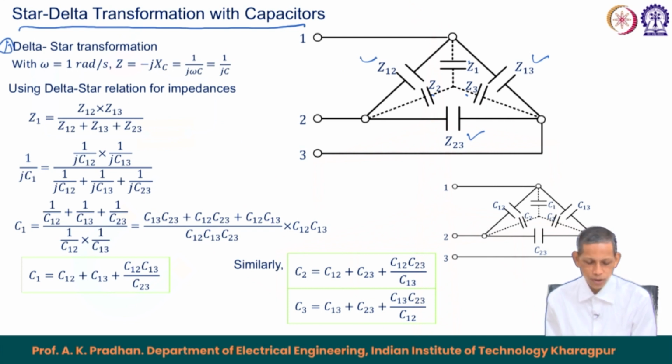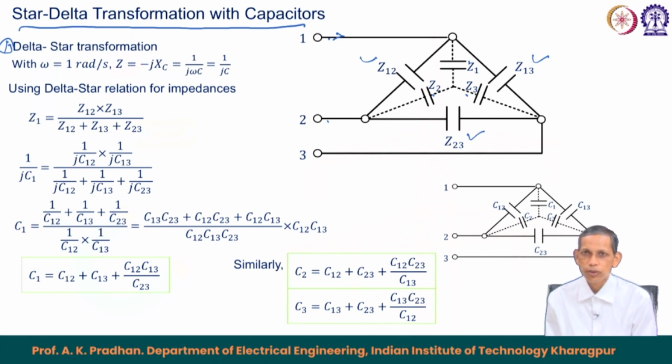So, we know from the delta-star combination for the impedances, because impedances are similar from the terminal equivalence perspective, the resistance also. In the equivalence, we say that if you apply voltage between 1 and 2, then the current flowing through will be the same whether you have star or delta.